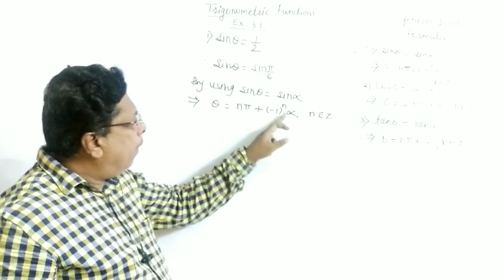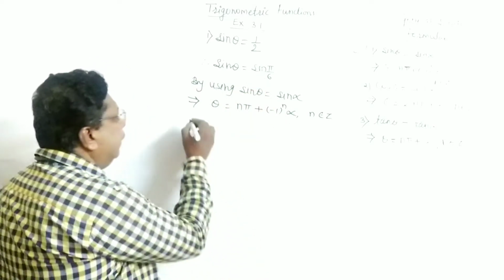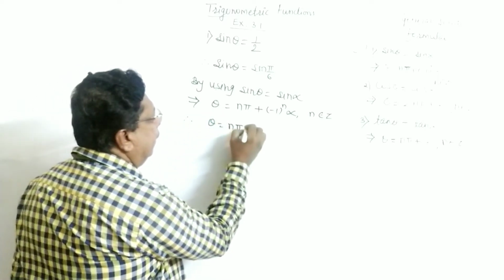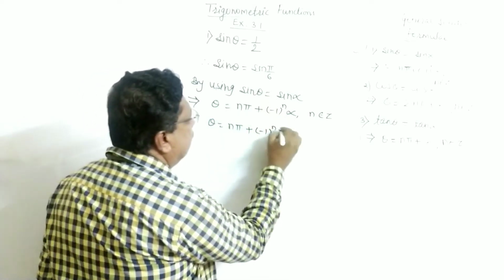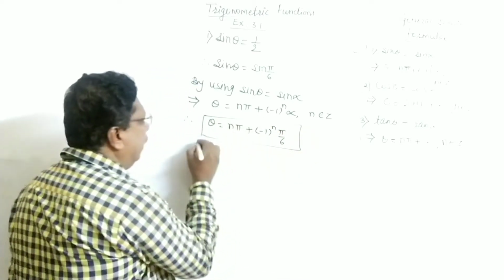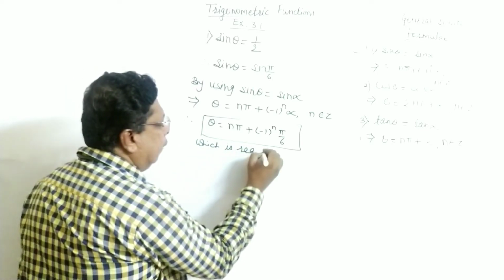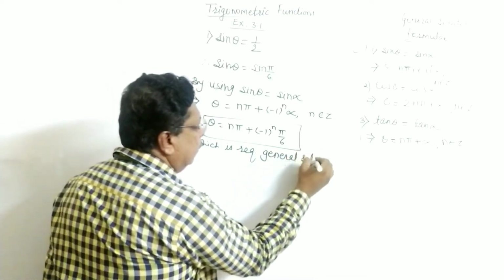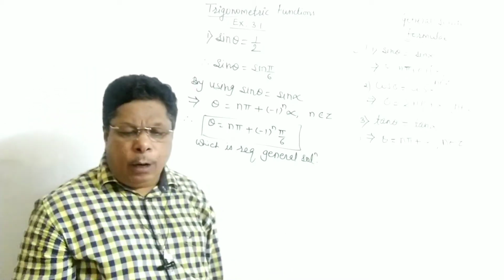What is alpha? Alpha is pi by 6. Substitute the value of alpha only. Therefore, theta is equal to n pi plus minus 1 raised to n, alpha is pi by 6, which is the required general solution of the trigonometric equation.